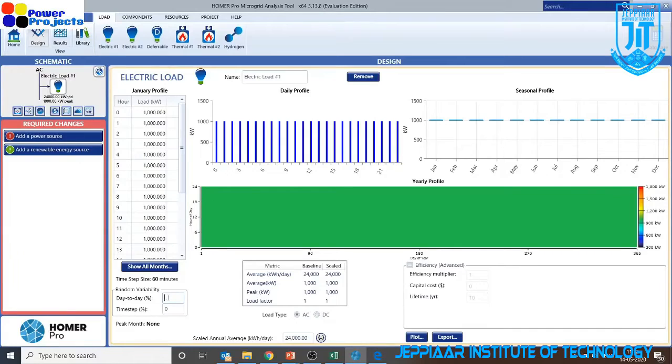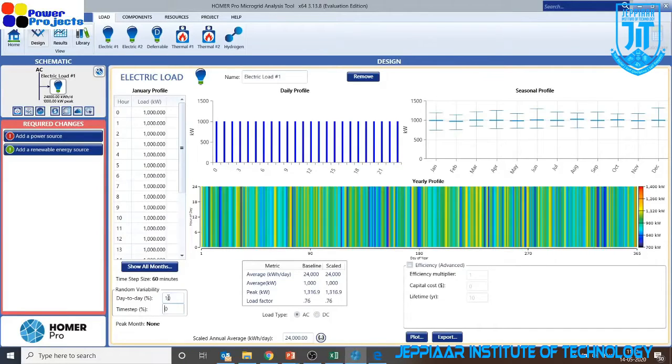So if you take 10% day-to-day variations, you can see your average demand remains the same, but your peak demand is changing. This is basically the variation from day to day. One day may consume different power, another day a different power, in the sense even different energy. So that's the day-to-day variations.